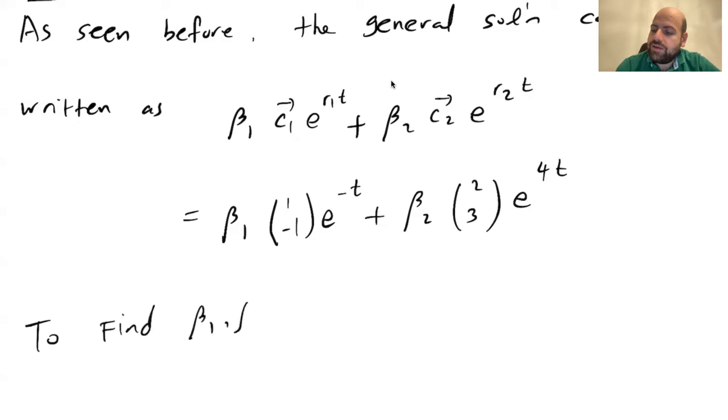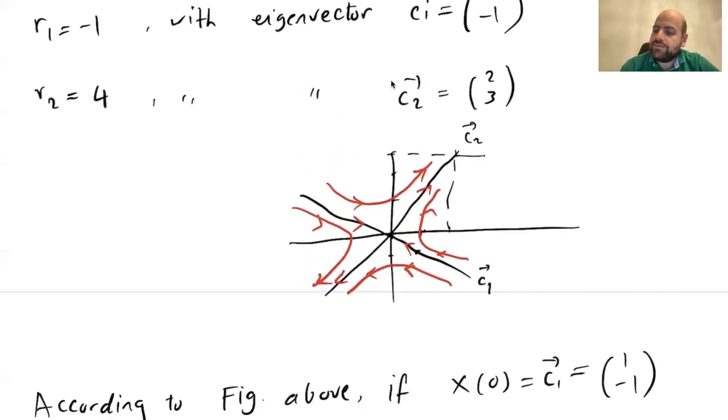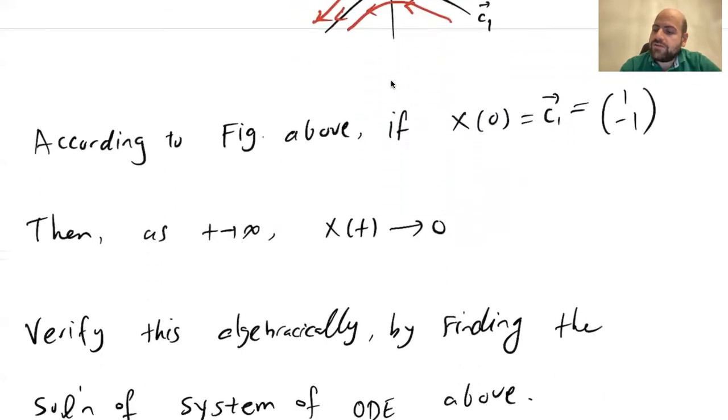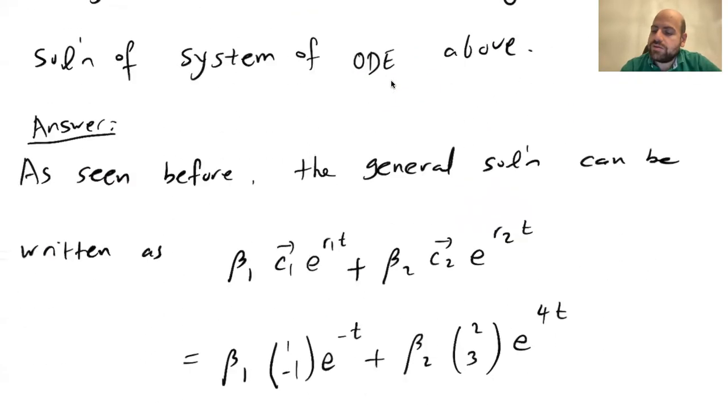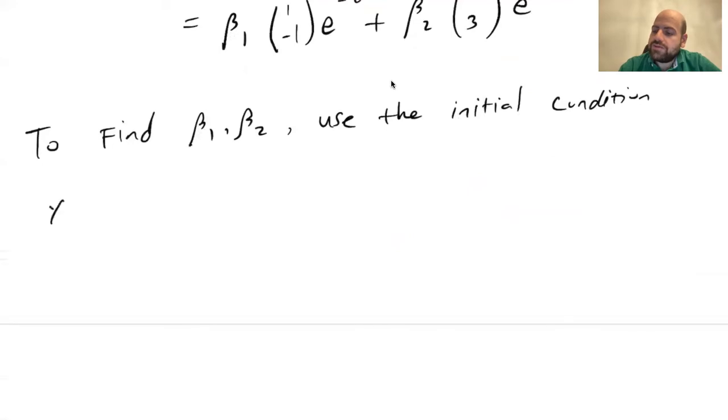Now to find beta 1 and beta 2, use the initial condition. What was the initial condition? I was assuming that the particle starts from C1, so x of 0 is C1, which is (1, -1). So x of 0 equals (1, -1).